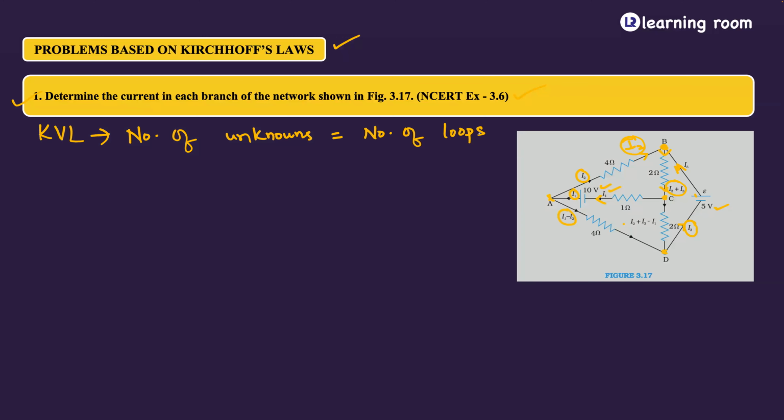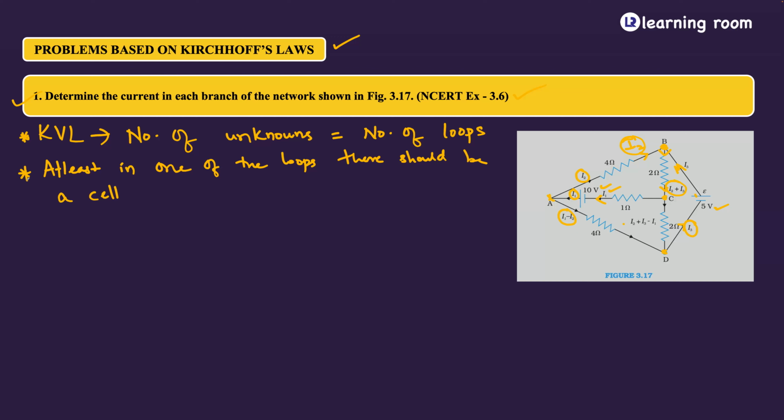Second, at least in one of the loops, there should be a cell. These are the 2 important conditions.